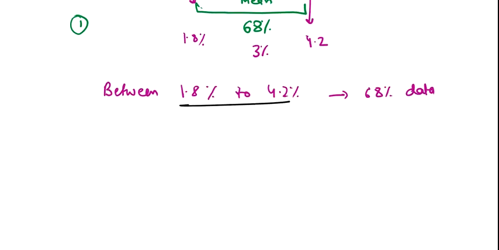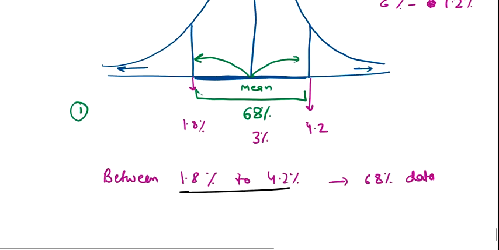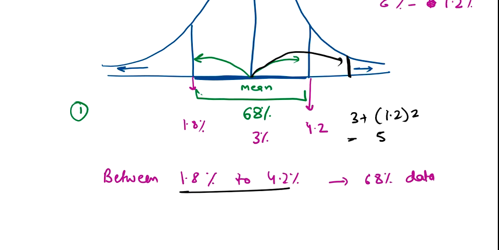Now if I increase more, let us move to 2 standard deviations away from the mean. That is 3 plus 1.2 multiplied by 2, that is 5.4, and here it will be 0.6.